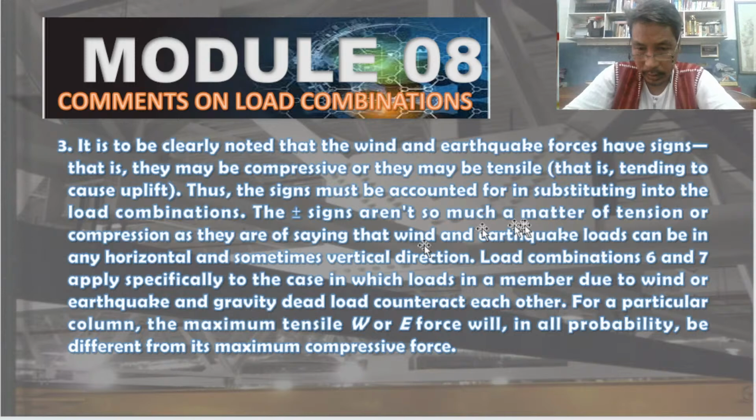Load combinations 6 and 7 apply specifically to the case in which loads in a member due to wind or earthquake and gravity dead load counteract each other. I just explained this. There might be an opposite direction with the dead load.